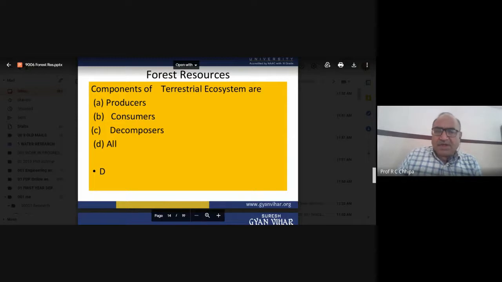So here there are three steps: the production, then the consumption, where the product is consumed, and then the degradation into simpler forms. So that is the process. We start with production, then consumption, and then decomposition. So the role of the decomposer is important, and that becomes the cycle.